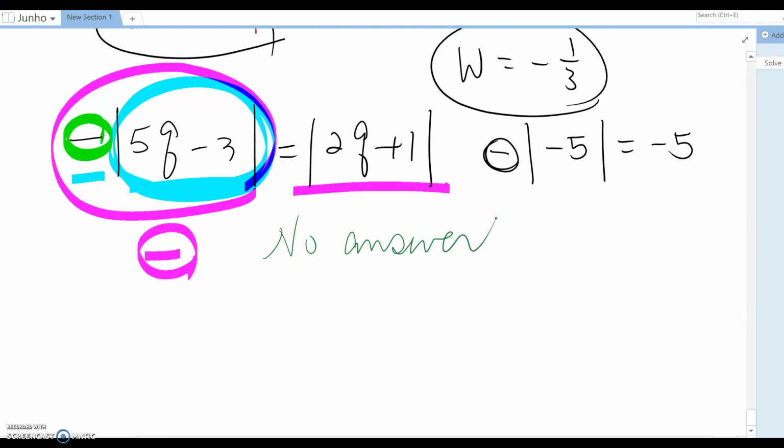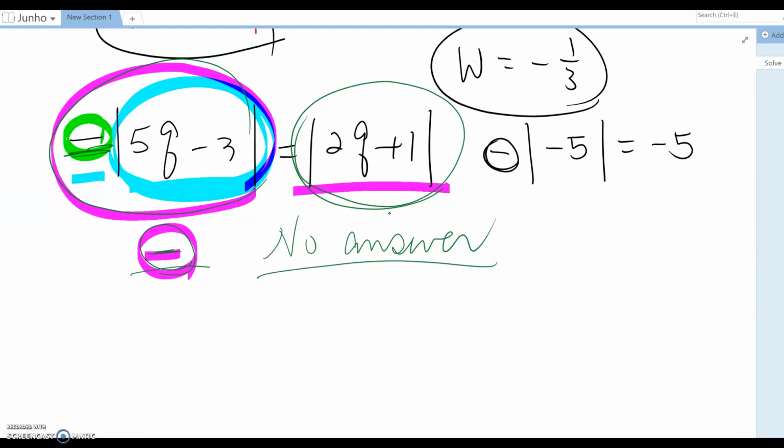One more time. Because of this sign, this whole thing becomes a negative value. I don't know what value it will be, but no matter what we do, this will be a negative value, and this absolute value cannot be negative. That's why this equation has no answer.